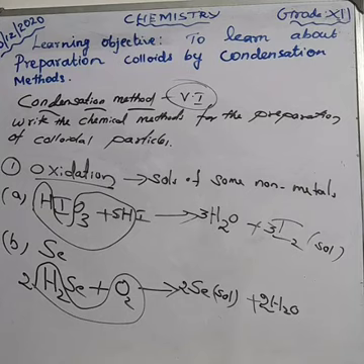Suppose it is a 3 mark question, you should write 2 equations. Clear? Two equations are compulsory. Anyhow, try to learn the 2 equations. Those who are not ready, at least 1 equation you should learn thoroughly. Anyhow, this is about the oxidation method.